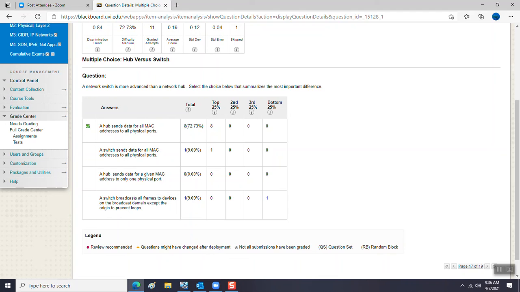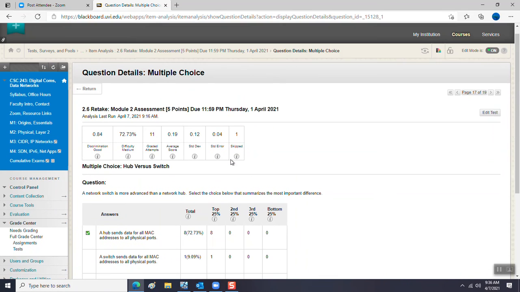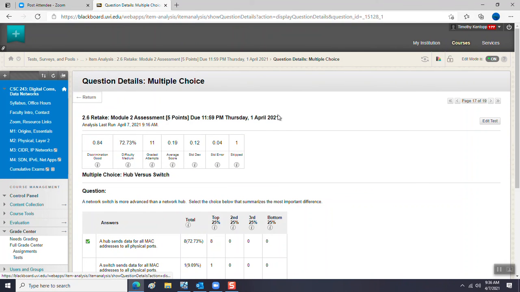It doesn't broadcast all frames to devices on the broadcast domain. It selectively broadcasts frames to ports associated with that specific MAC address. Okay. This concludes our item analysis for retake assessments for modules 1 and 2.